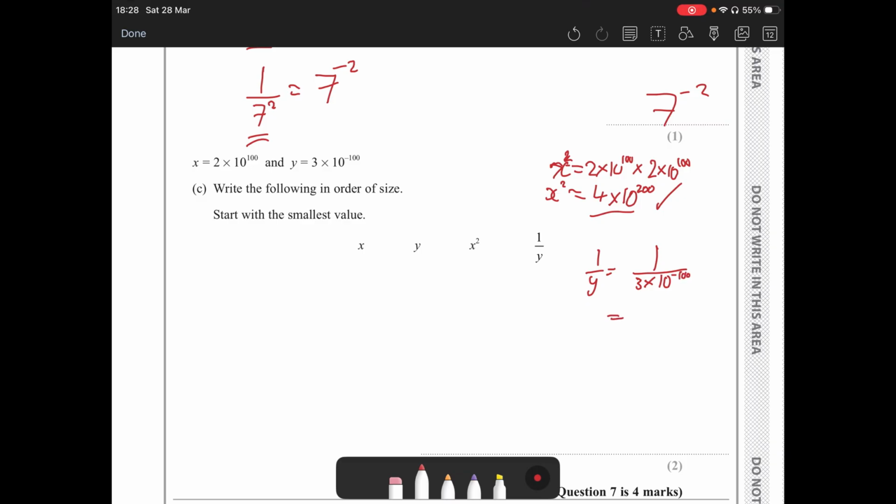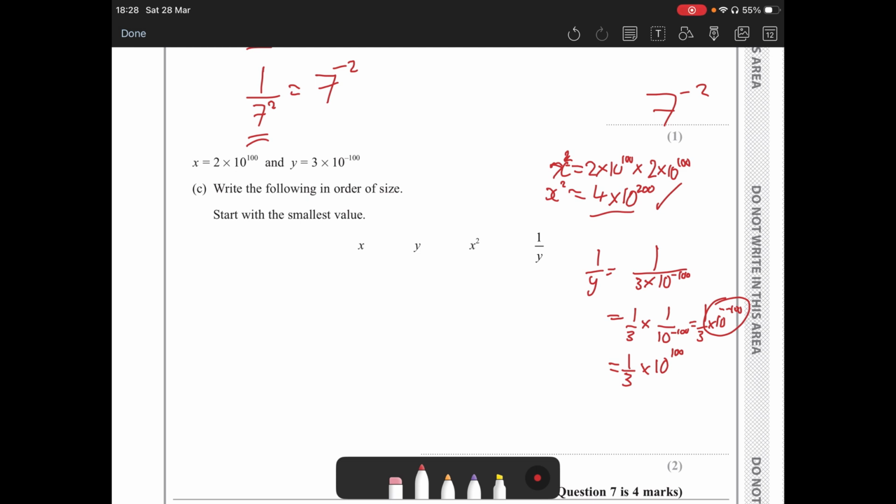Now, interestingly, this will be the same as 1/3 times 1 over 10 to the minus 100, which is 1/3 times 10 to the minus 100. And funnily enough, this 1/3 stays put, but that bit at the end will be 10 to the positive 100. So that's actually going to be quite a big number.